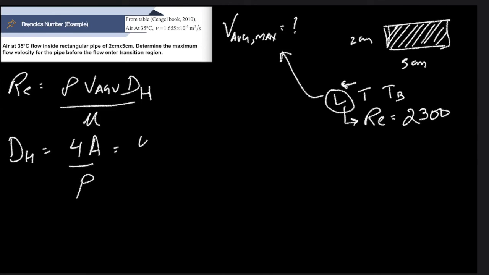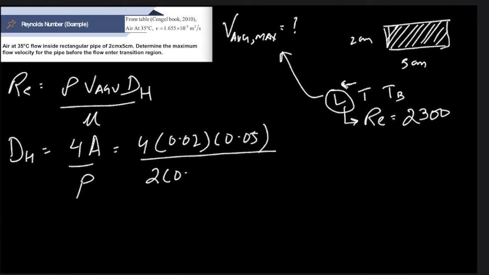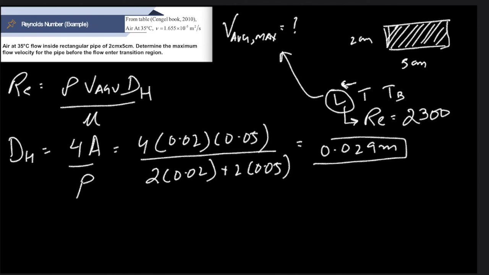So this comes out to be 4 multiplied by 0.02 and 0.05, whole divided by 2 times 0.02 plus 0.05. Our hydraulic diameter comes out to be 0.029 meter.